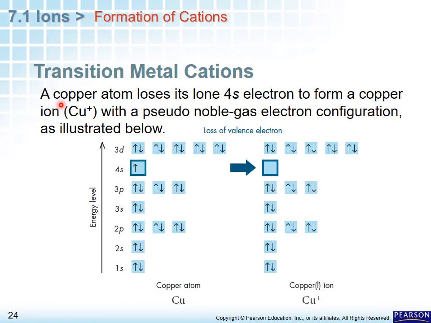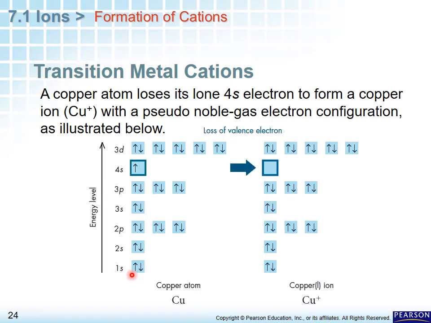Same thing here, a copper atom loses its 4s electron to form a copper ion, Cu positive, with a pseudo noble gas electronic configuration as illustrated below. You can see this is the copper atom.